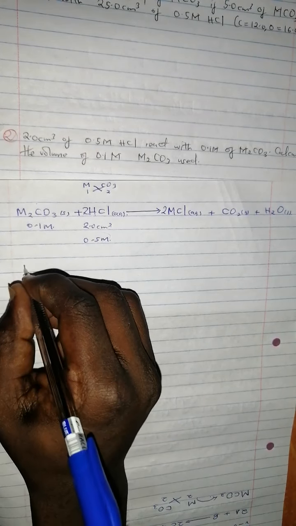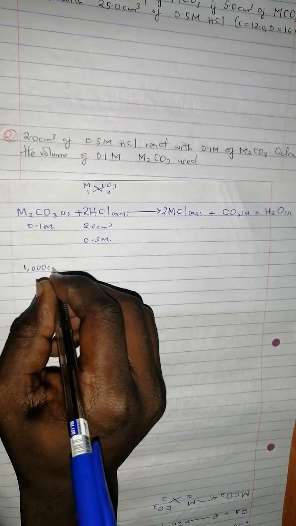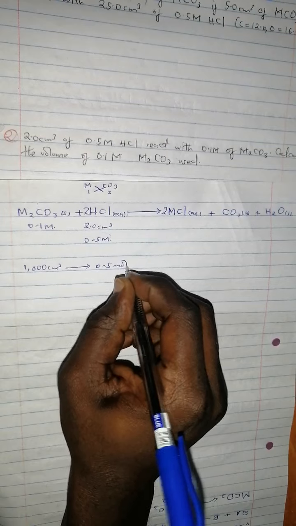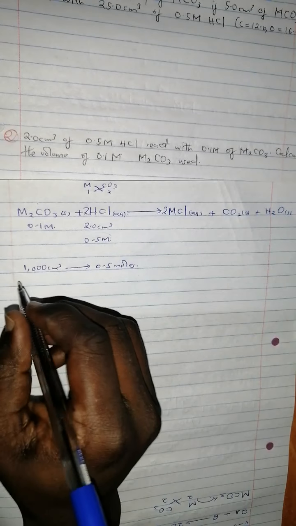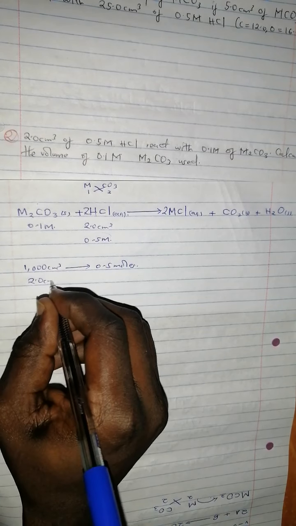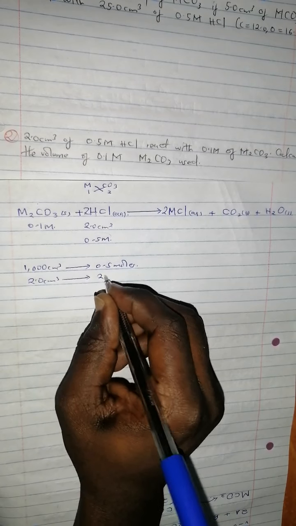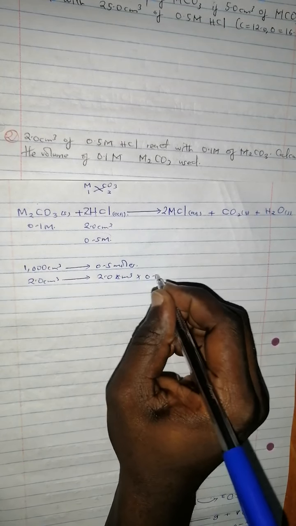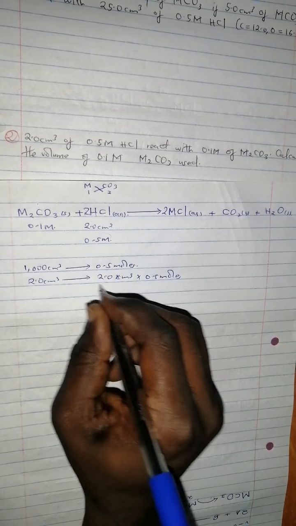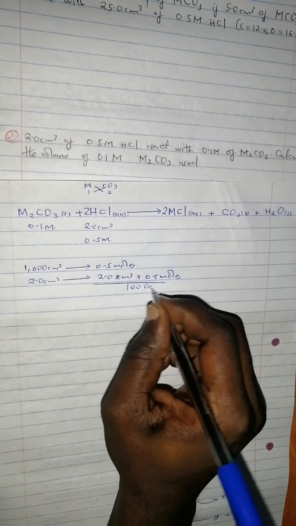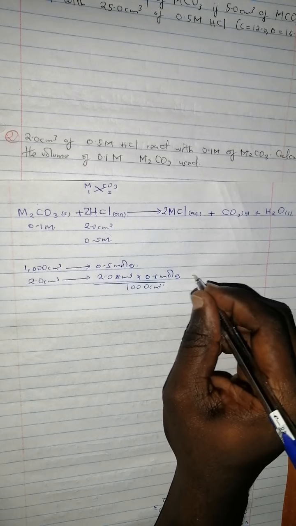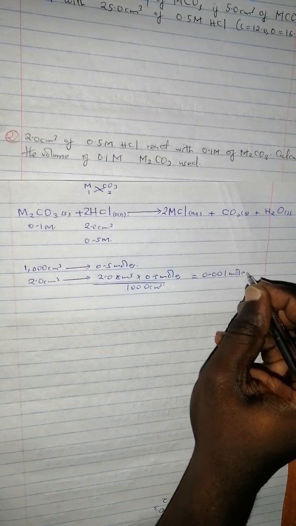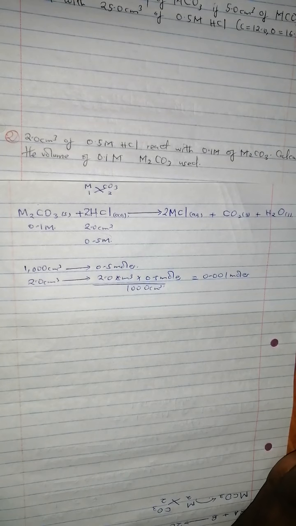So I'll say if in 1,000 cubic centimeter, I have 0.5 moles of HCl from the molarity, how about in 2.0 cubic centimeter? The answer will be 2.0 cubic centimeter times 0.5 moles divided by 1,000 cubic centimeter, and that will give me 0.001 moles. So that will be the number of moles of HCl.